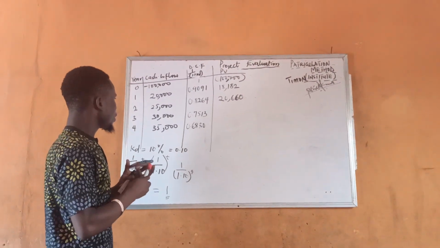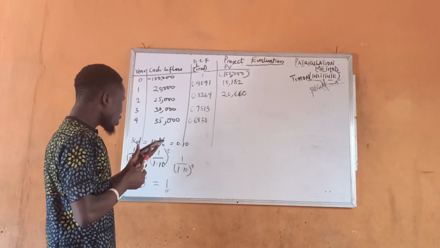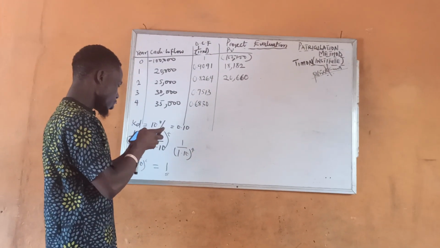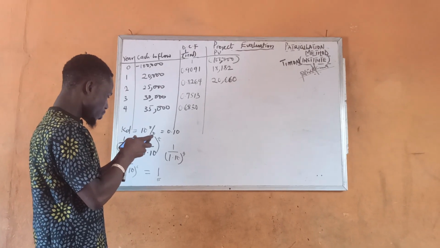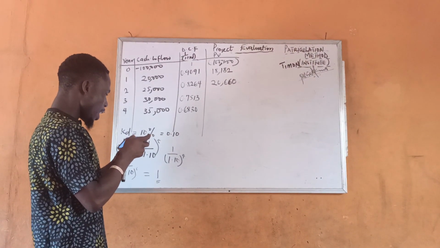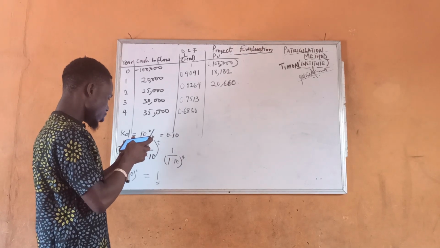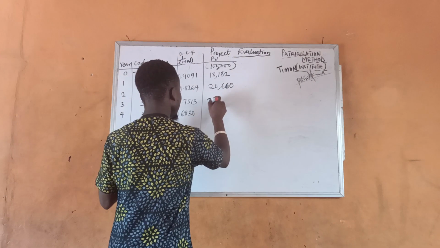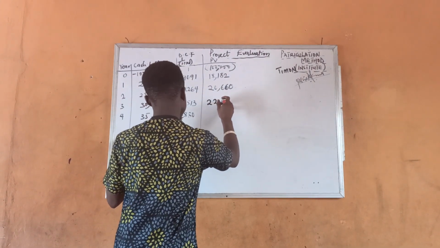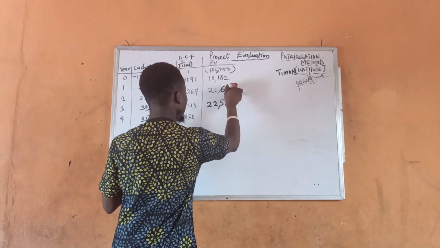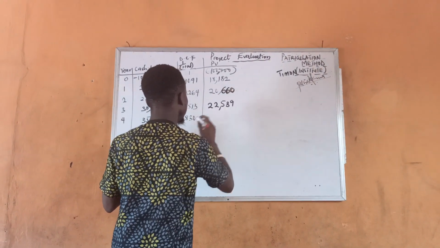Then the third year, 0.7513 multiplied by 30,000. We'll have 22,539.